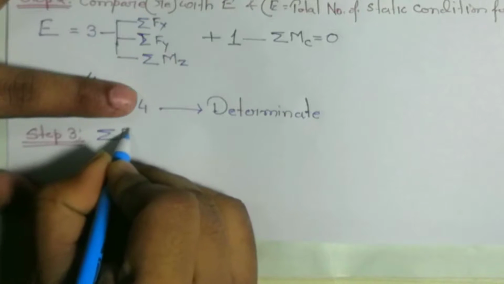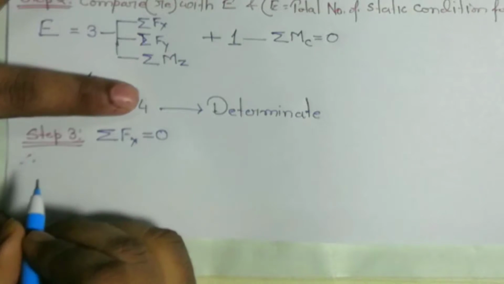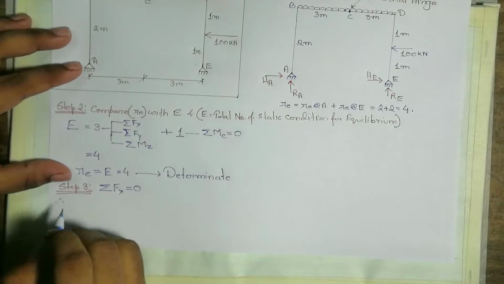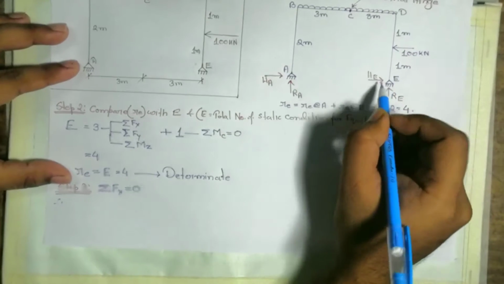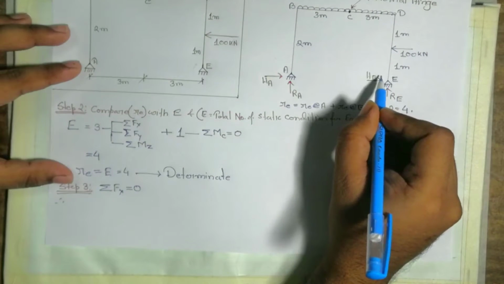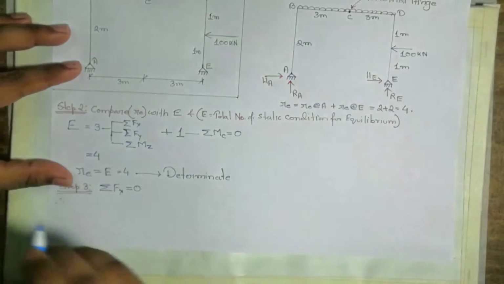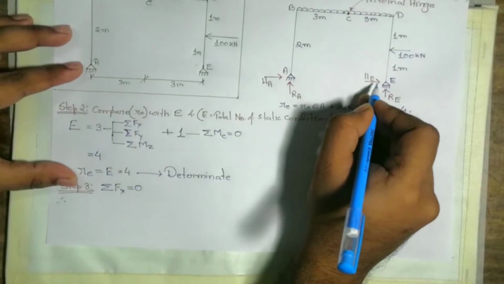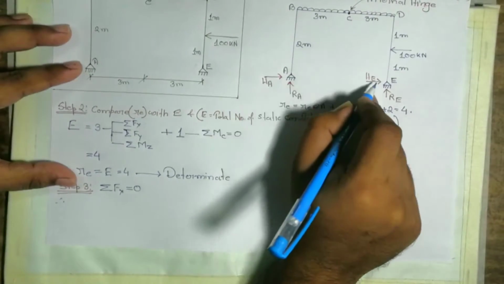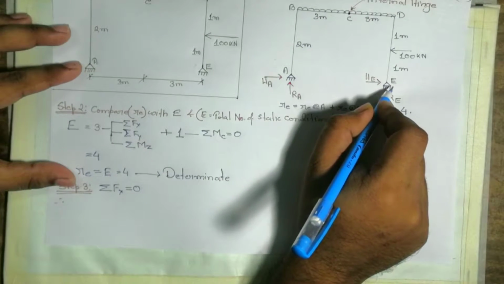Since summation of Fx is equal to 0, we can say the horizontal reaction at point A plus the horizontal reaction at point E is equal to 100 kilonewton. We have assumed the direction of these horizontal reactions to be acting along the positive x-axis.